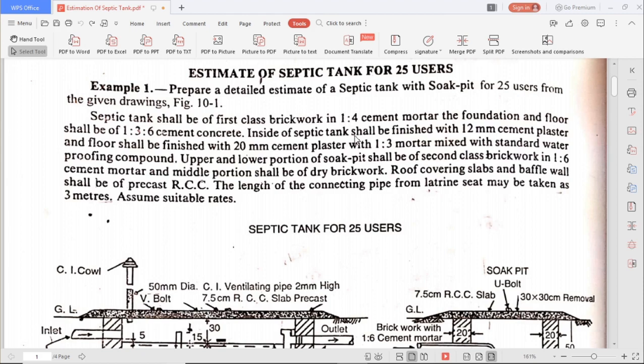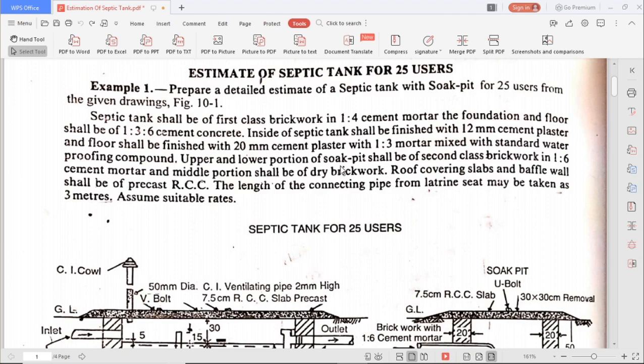Inside of the septic tank shall be finished with 12 mm cement plaster, and the floor shall be finished with 20 mm cement plaster with 1:3 mortar mixed with standard waterproofing compound. Fine.